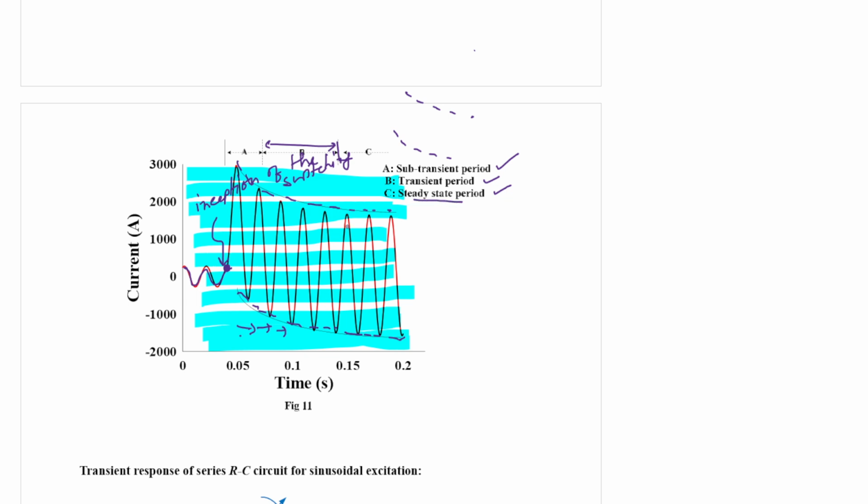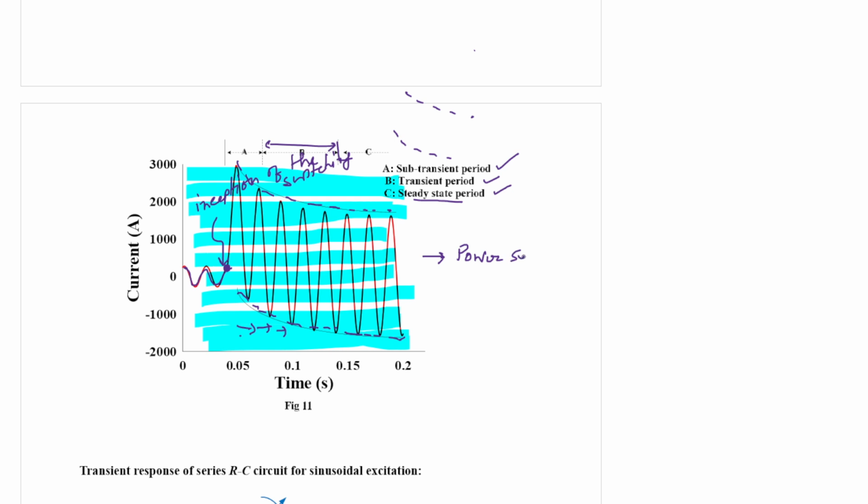In this phase, observe that the response clearly maintains a steady sinusoidal response. This type of waveform you can observe in case of a power system fault.